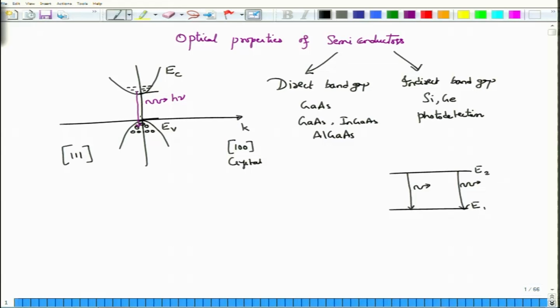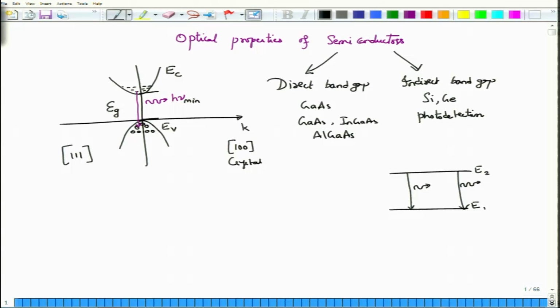What you can actually see is that this energy transition will have the minimum energy gap, which of course corresponds to the energy gap of the semiconductor itself. If photons are emitted from the bottom of the conduction band to just the top of the valence band, then their energy will be the minimum energy.